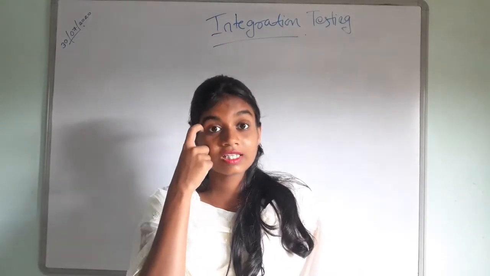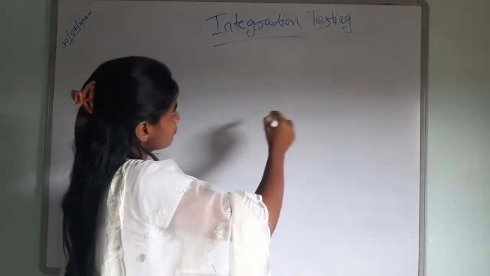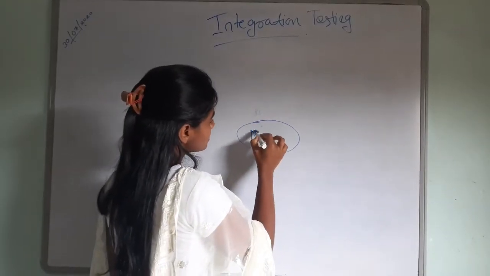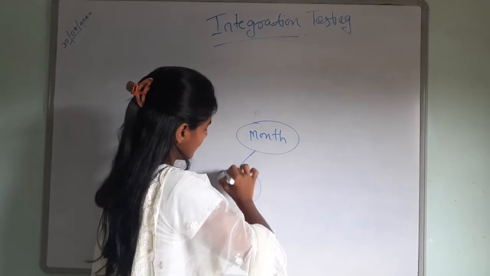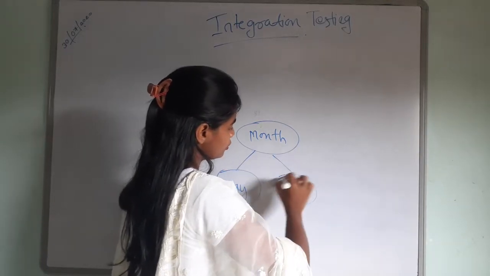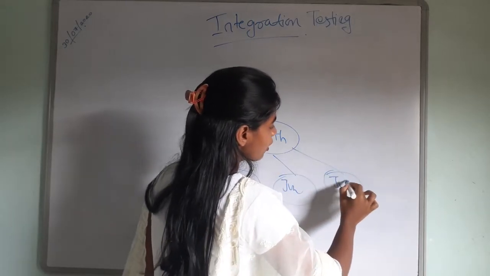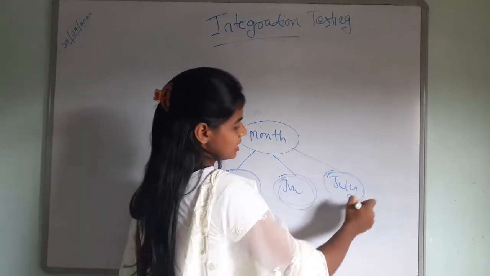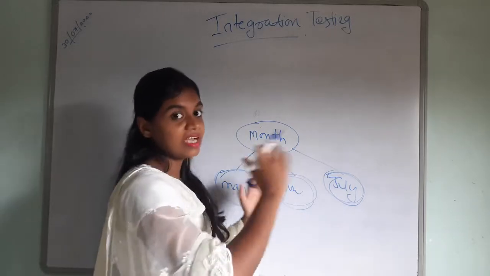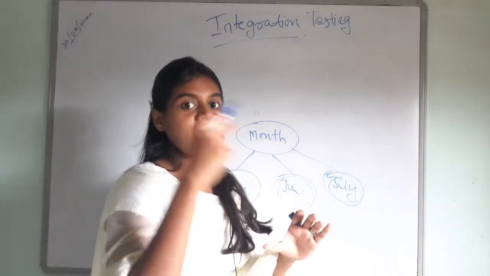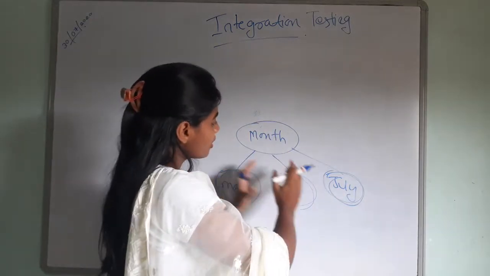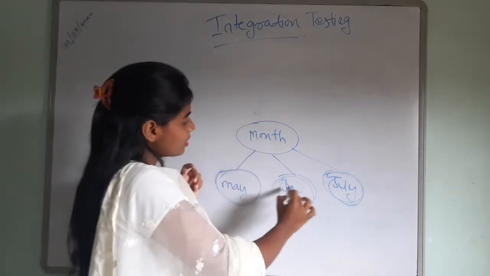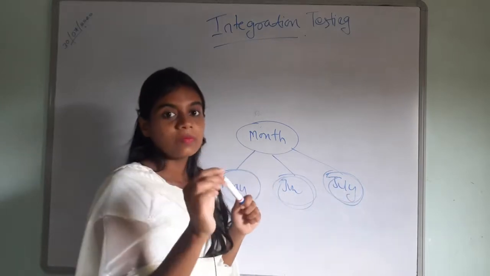Unit testing is the first level of software testing, because in the last video I taught you an example, and the same example is taken in this video: the months May, June, July are the units of the software product. All these units are tested by unit testing, and then all these units are combined, integrated and put into a single group, and then integration testing is done.